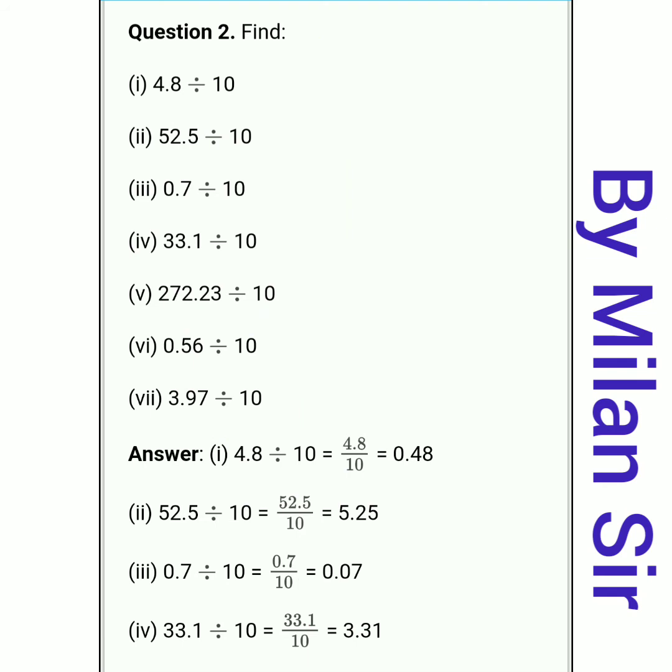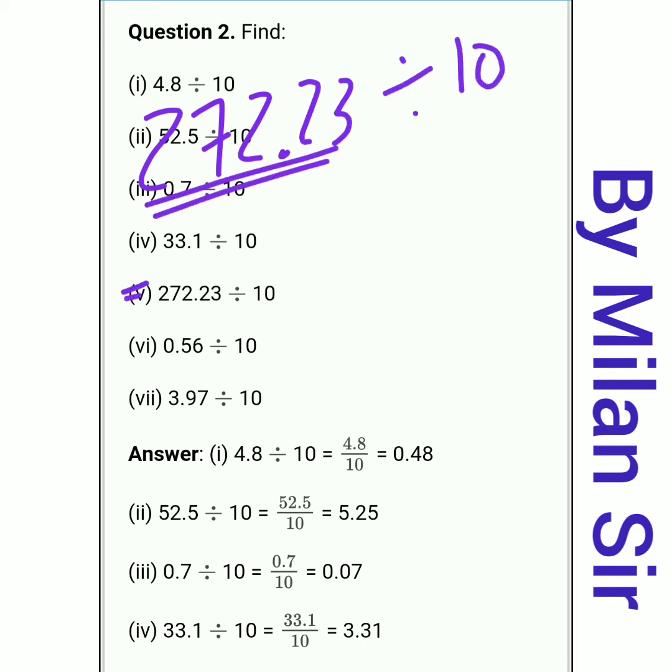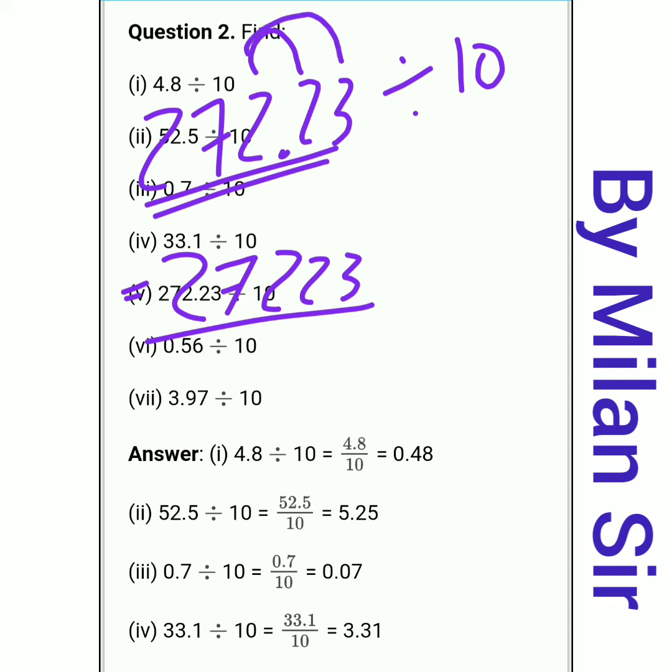Then question number 5: 272.23 divided by 10. First of all we need to ignore the decimal point, so 27223 divided by, now after the decimal point two digits are present, so in the denominator we put two zeros, before that 1, that means 100. Now we need to convert this division into multiplication.